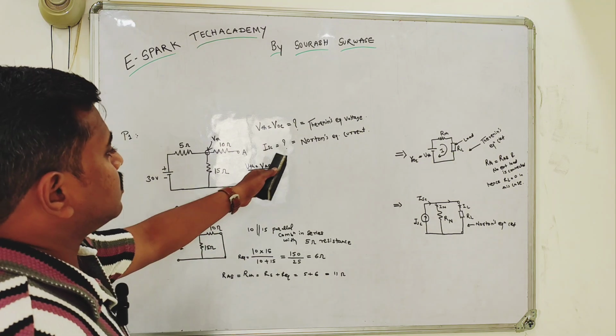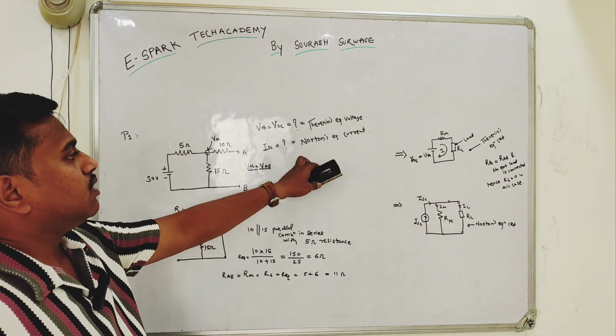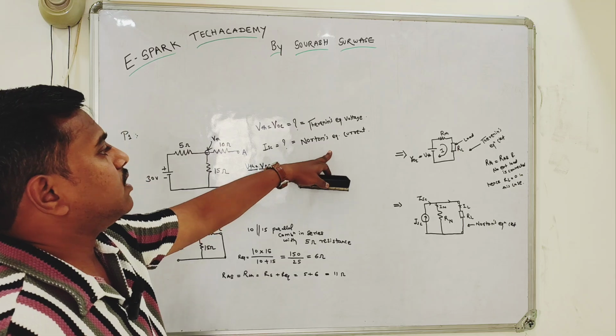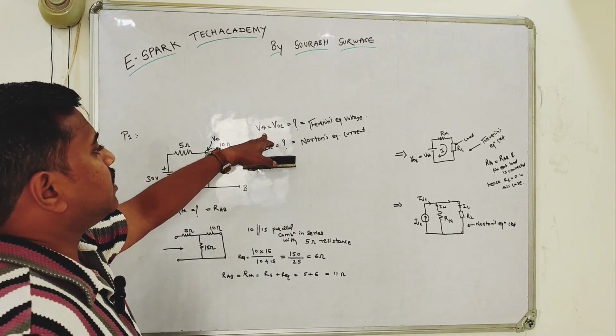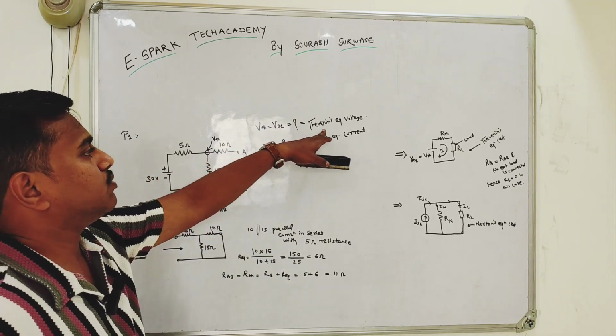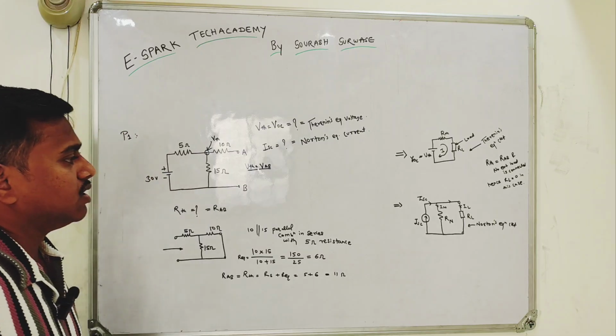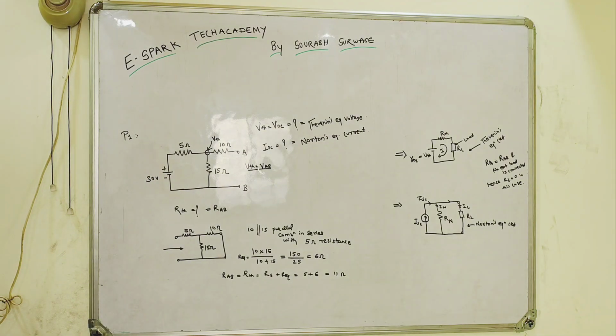That's why the short circuit current will be related to Norton's equivalent current, and VTH is nothing but the open circuit voltage for Thevenin's equivalent voltage. This is the real difference between them. Please note down the Norton's equivalent circuit also. Then we will calculate the VTH and ISC in this case.